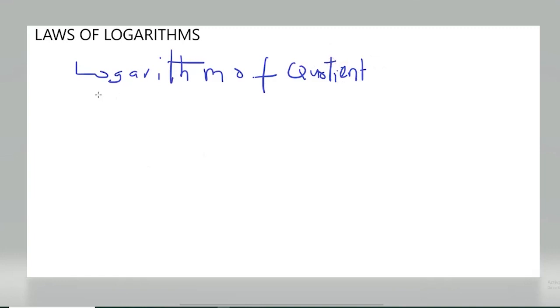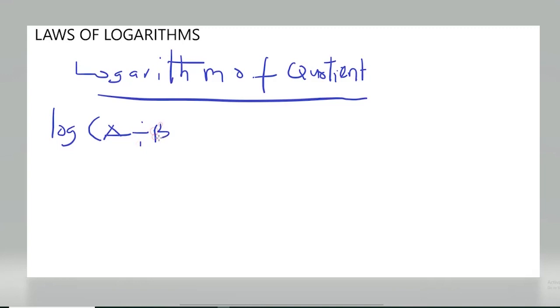The formula says if you have the logarithm of a divided by b with a certain base, this is always equal to the logarithm of a to that base minus the logarithm of b to that base. This is just the opposite of the logarithm of a product.